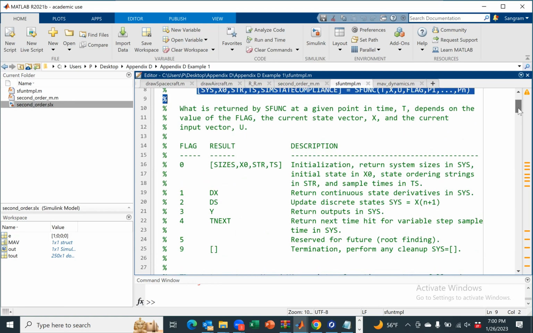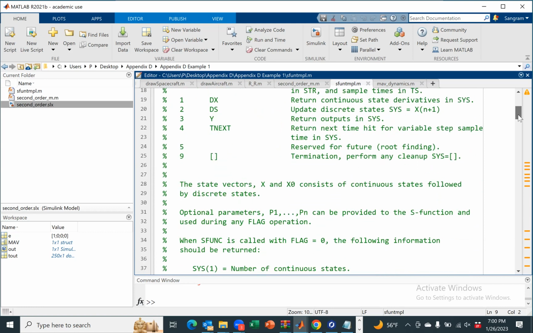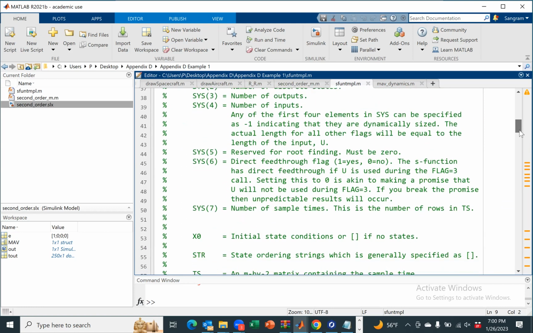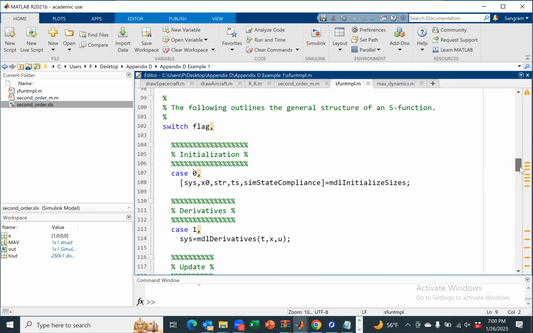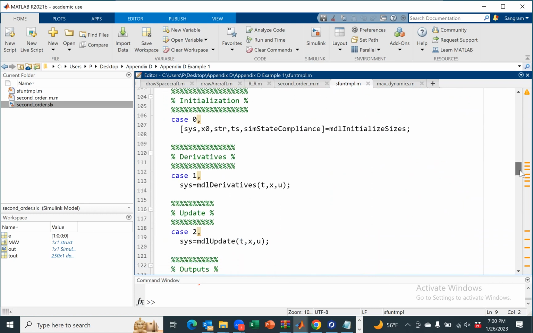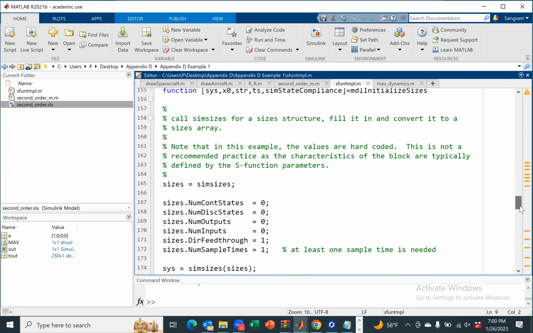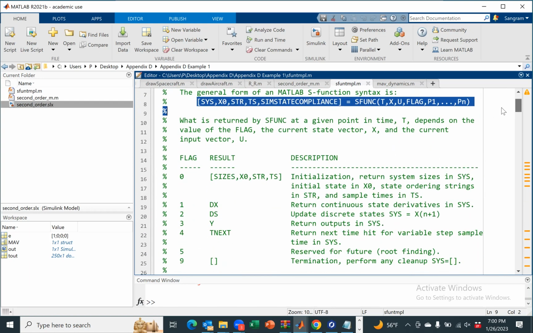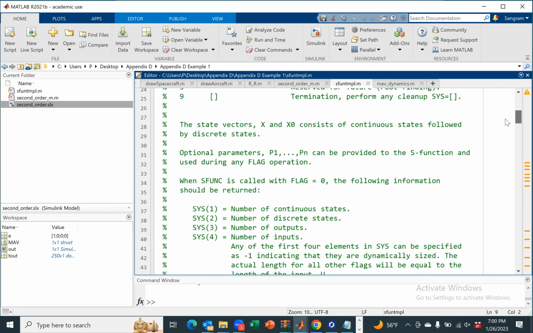This template is given to you. There is initialization, there is derivative, there is system and optional parameters and all this stuff. The only thing that you need to modify is something over here. Can you see this? Let me discuss this. These are the standard flags that MATLAB uses.